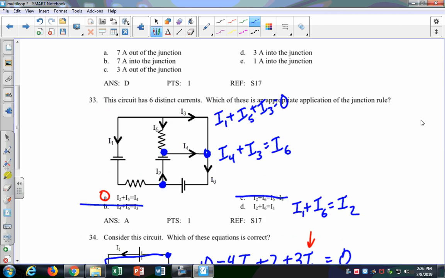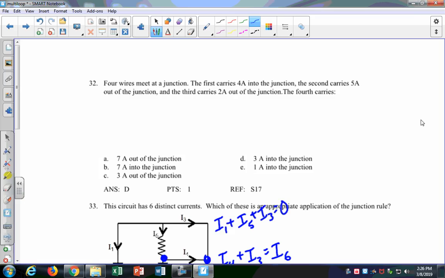Let me show you another one that's simpler. Oh, here's one, number 32. 4 wires meet at a junction. So draw a little picture. The first wire carries 4 amps into the junction, so 4 amps coming in. The second carries 5 amps going out. The third carries 2 amps going out.